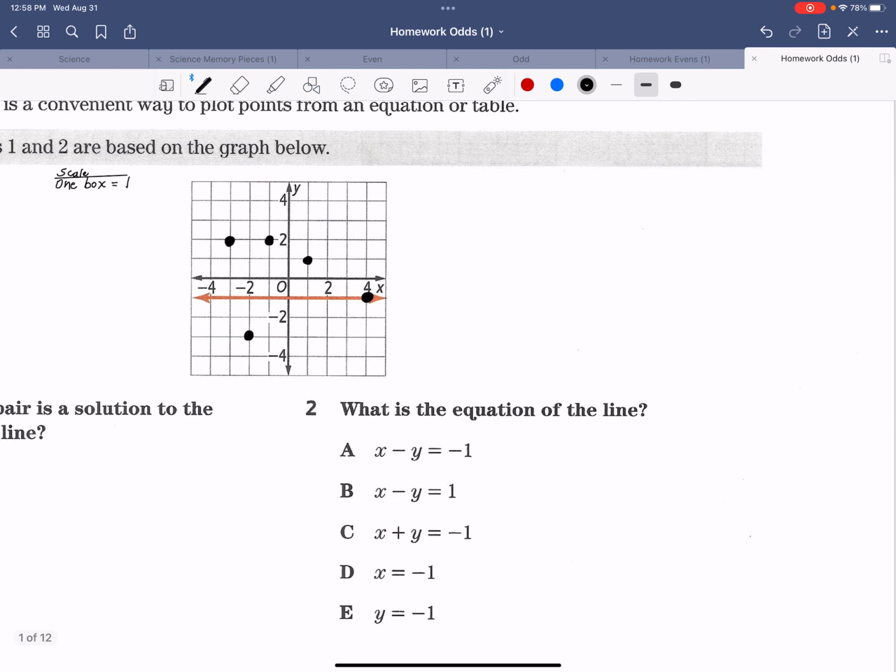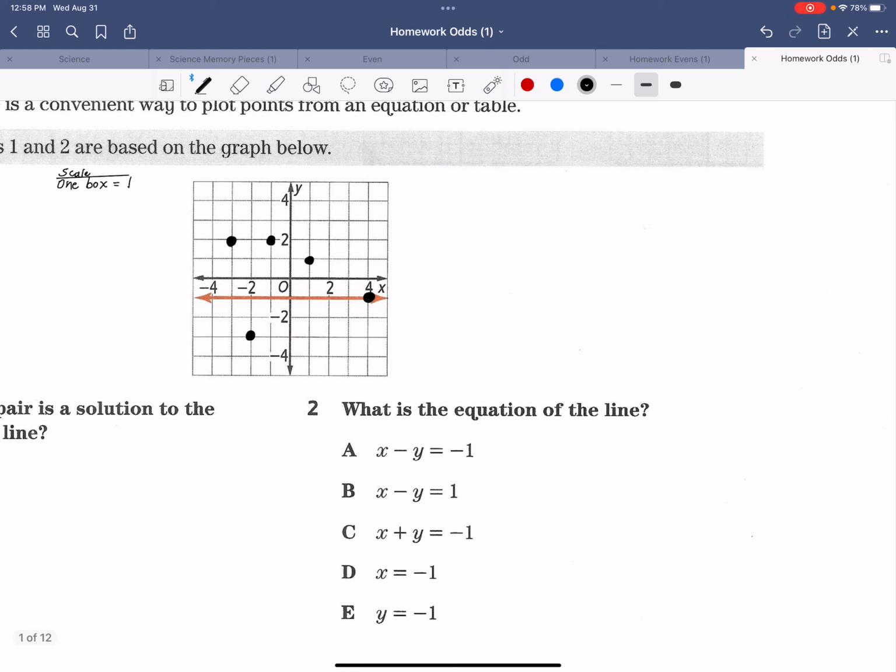Number 2, what is the equation of the line? Well, recall that slope-intercept form is y equals mx plus b. So we need to know the slope of this line. The slope is 0 because there's no steepness.